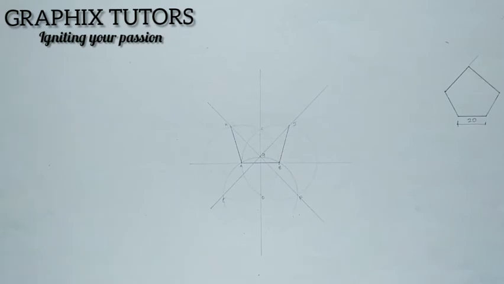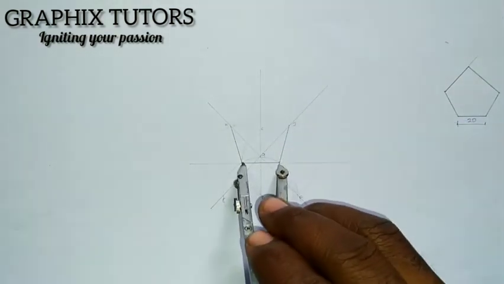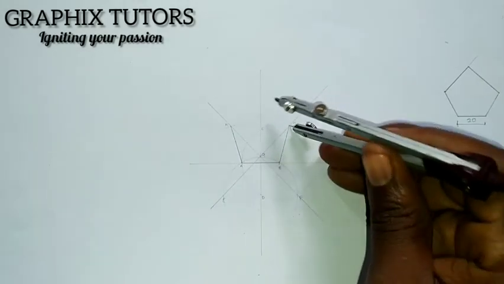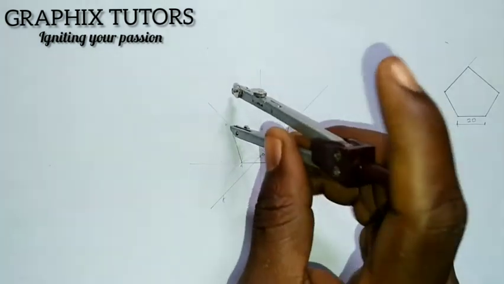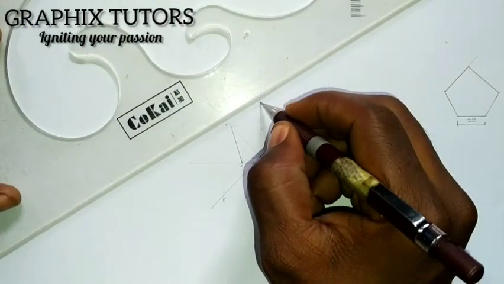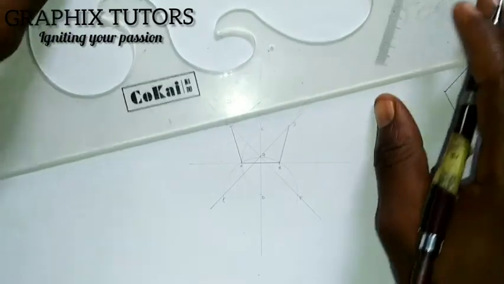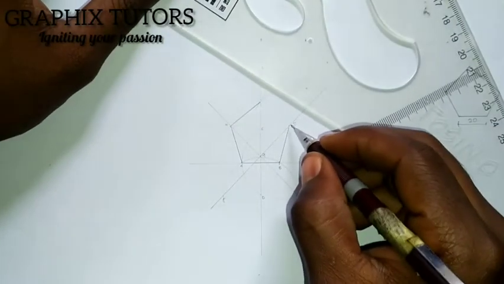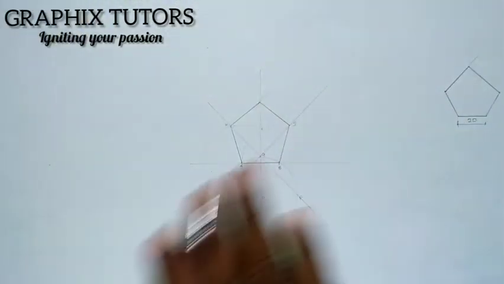So with the same radius I used to get all of them, which is AB, I place it at this point, strike an arc, place it at H also, strike another arc. So where they meet, that will be my pentagon. So all the sides in the pentagon are equal. So this is what we have.